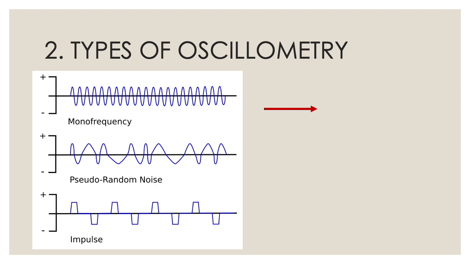One way of doing that is by looking at the type of impulse. If we produce a sinusoidal impulse, a sine wave impulse, which more or less matches our normal tidal breathing, then this is called a forced oscillation technique. Also here, in the forced oscillation technique, we give mono frequencies.